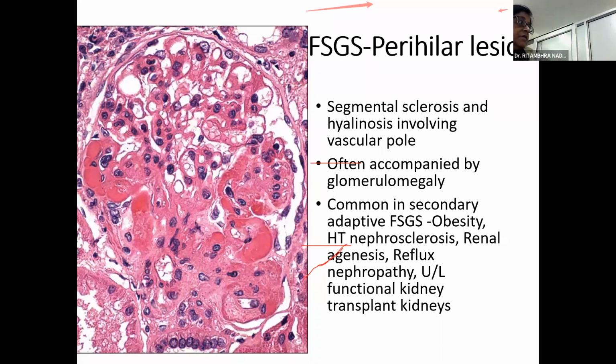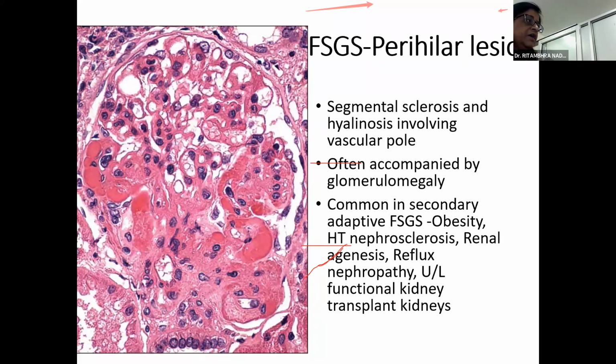As Dr. Aravind has mentioned, while interpreting these biopsies, what is most important to understand is that these biopsies are going to be immunofluorescence negative.